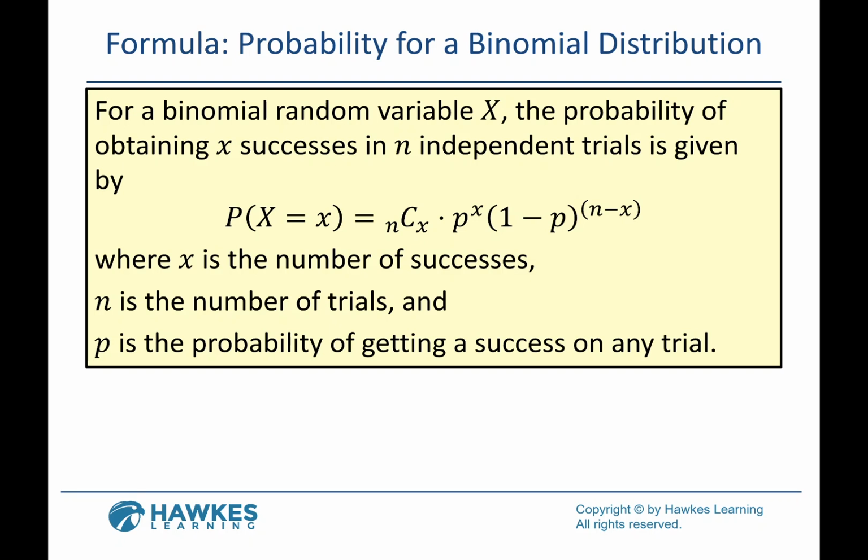So X is how many successes we're looking for. N is how many trials we're doing, how many times we're going to do the experiment. And then P is our probability of success if we just do one trial. It's like with flipping the coin, that was the 50%.